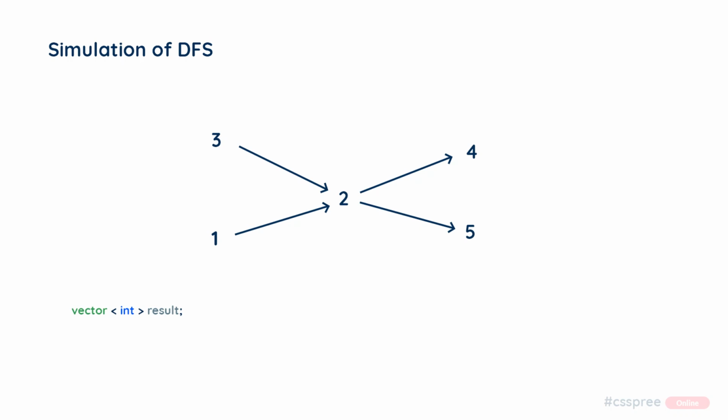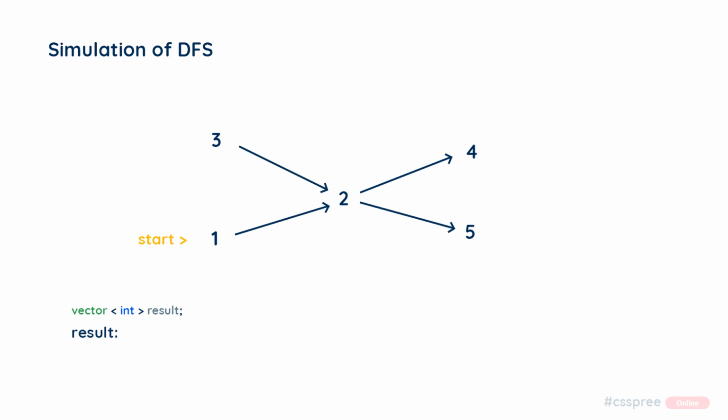For this reason, we will use a vector result list which will store our result, and we are using integer data type because our data are given in integers. We can also use another type, maybe a structure or double type, based on our problem.